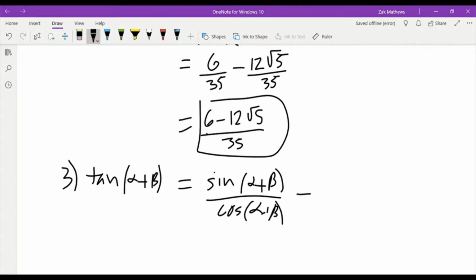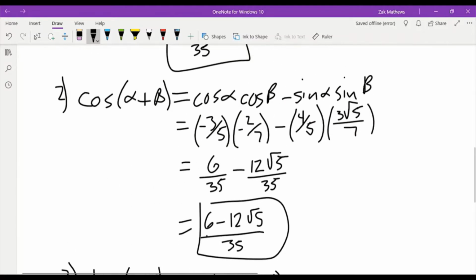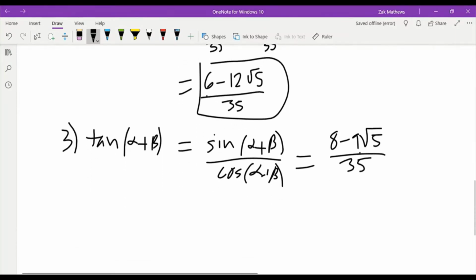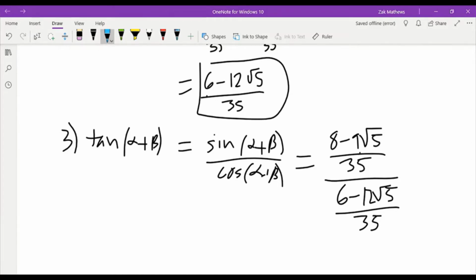And so we found sine to be the 8 minus 9 root 5 over 35. The cosine in the line directly above, 6 minus 12 root 5 over 35. Well, rather than dividing, I could have also thought about this as multiplying by the reciprocal, which is much easier to do, and we will need to do at some point.